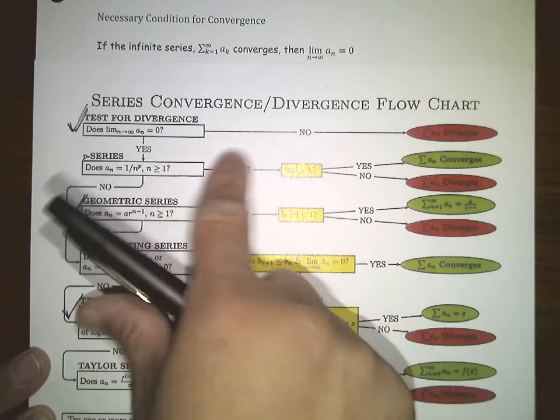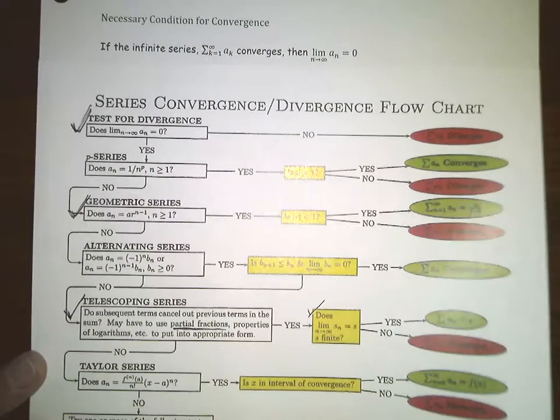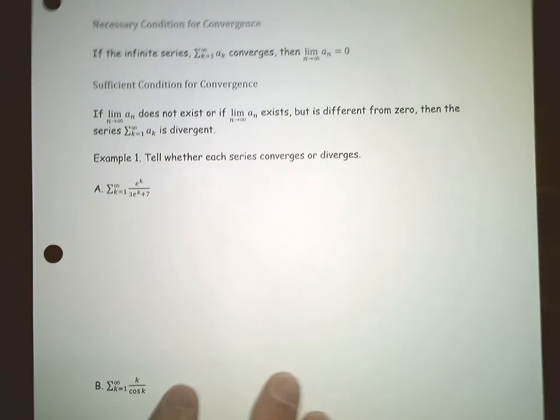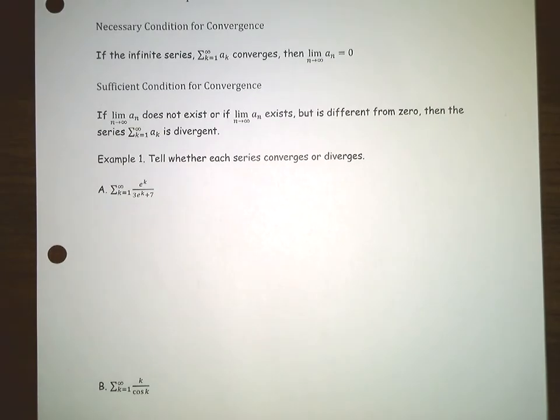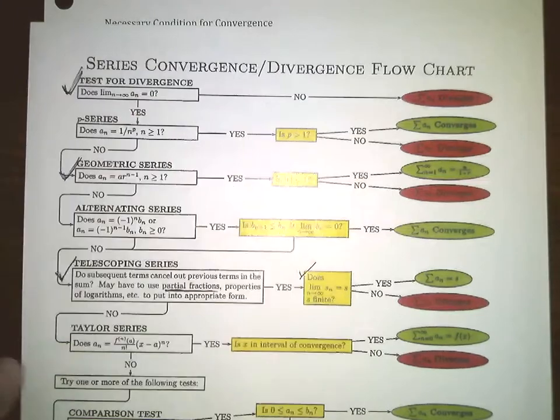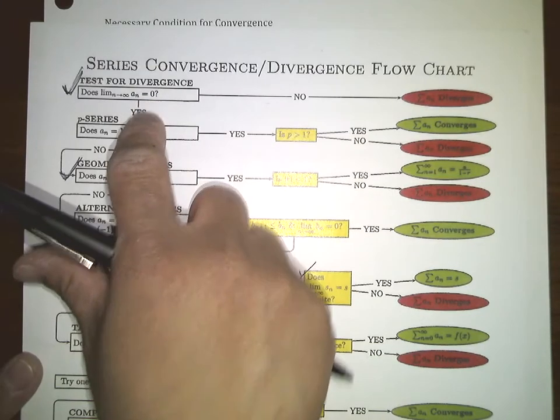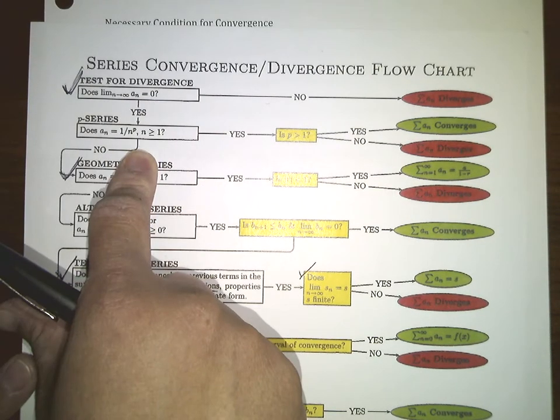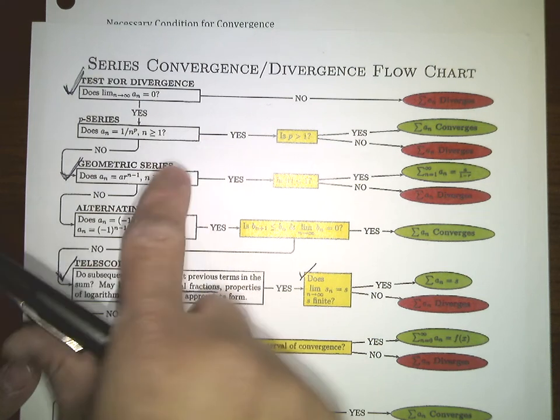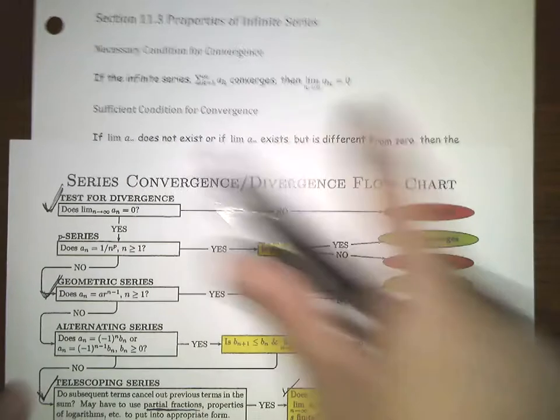All right, so hopefully that makes sense. You see how it doesn't say that if the limit is 0, then it automatically does converge. It just says that if it converges, then the limit is 0.